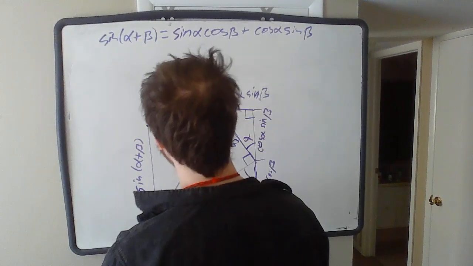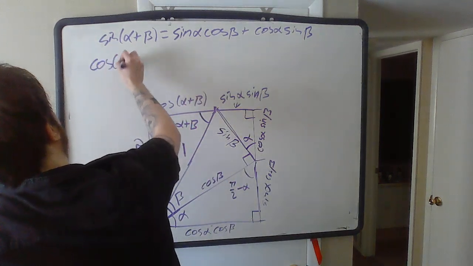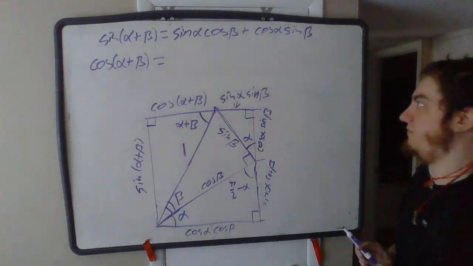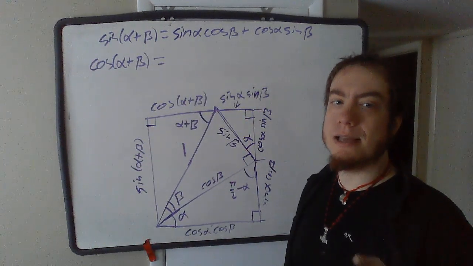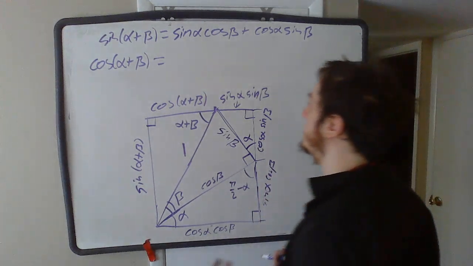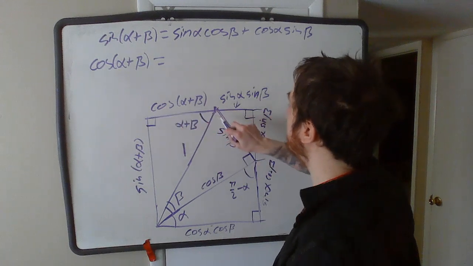What about for cosines? Well, the cosine of alpha plus beta is going to be a little bit harder to figure out, but it's still not super bad. It's still reasonably simple to do. The cosine of alpha plus beta is this segment.